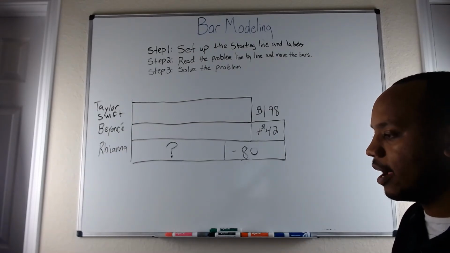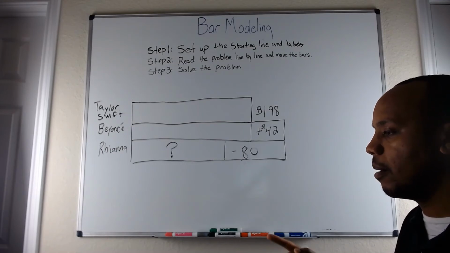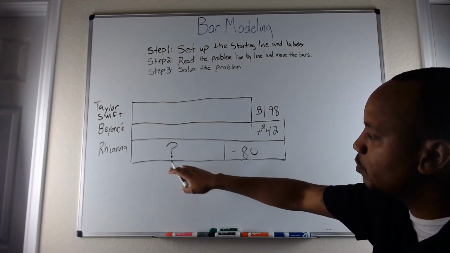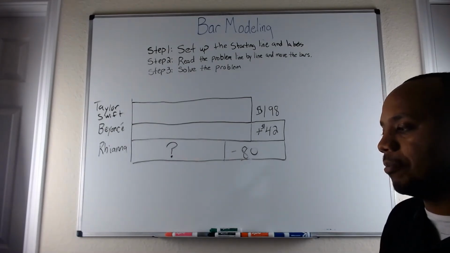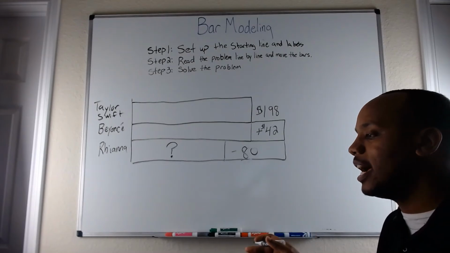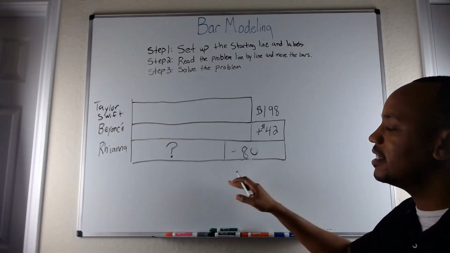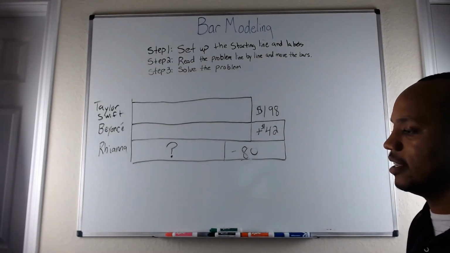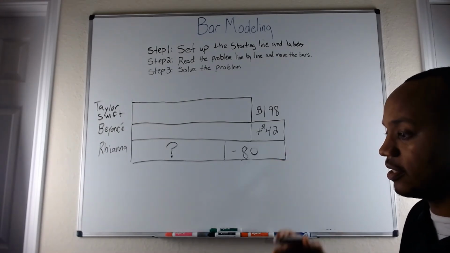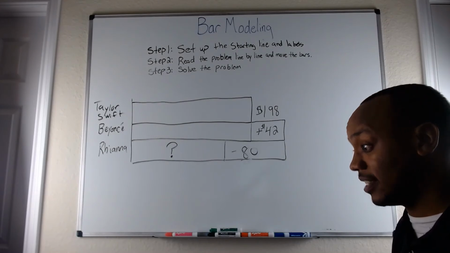All right. So what I want to do now is solve the problem for step 3. The ultimate goal is to find Rihanna's ticket price. But Rihanna's is contingent upon Beyonce's. That means you need Beyonce's ticket price to figure out Rihanna's. So you need to figure out Beyonce's first.